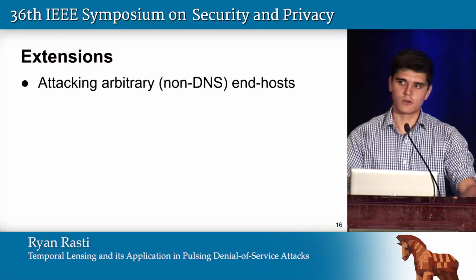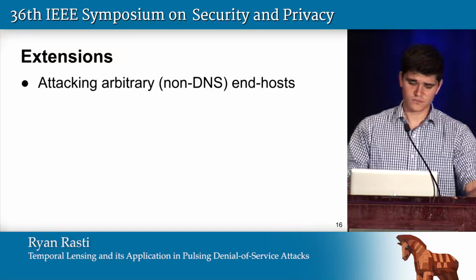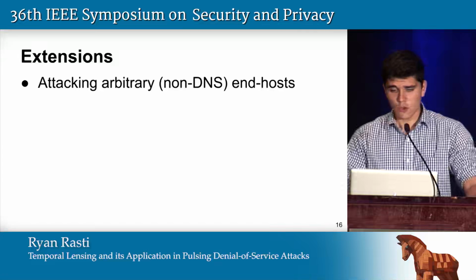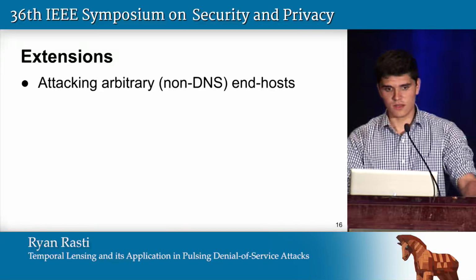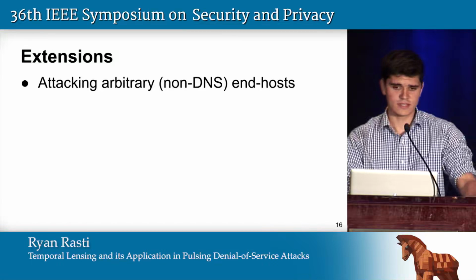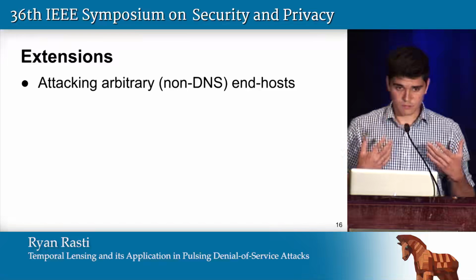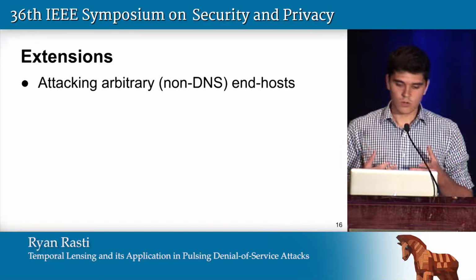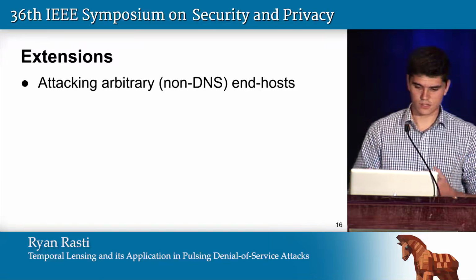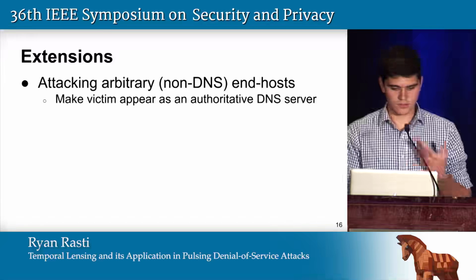If you remember, in our prototype we limited the victim to an authoritative DNS name server. But for a real attacker, we'll want to target any kind of host. There are a few tricks we can play to do that.